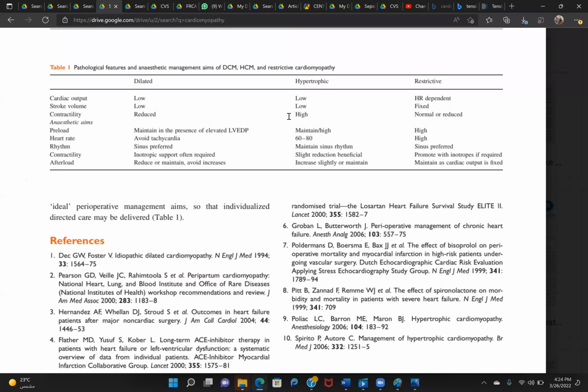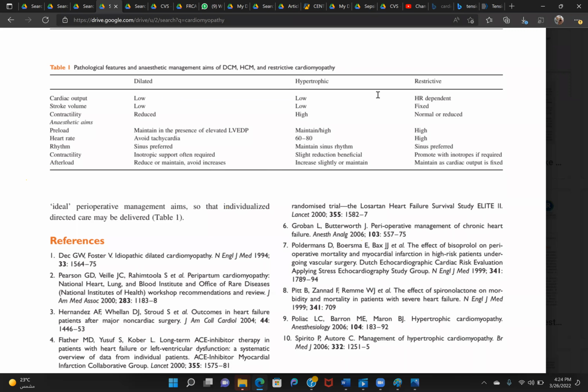And in restrictive, there may be a decrease in left ventricular volume, because in dilated, the ventricle is dilated. So that is different.